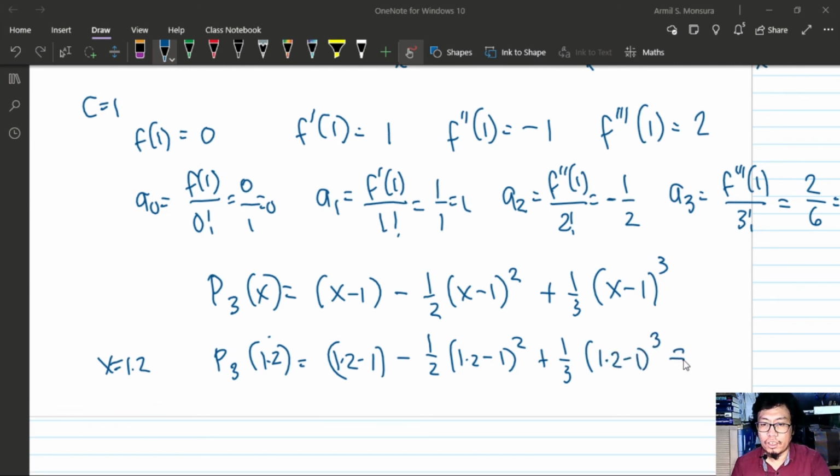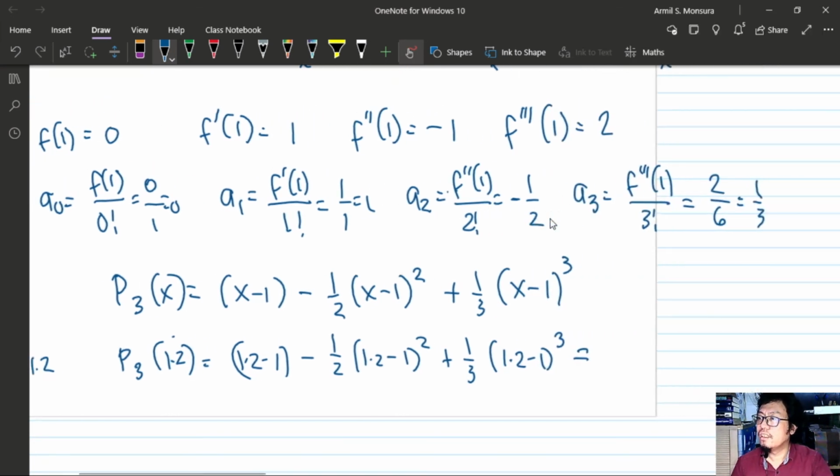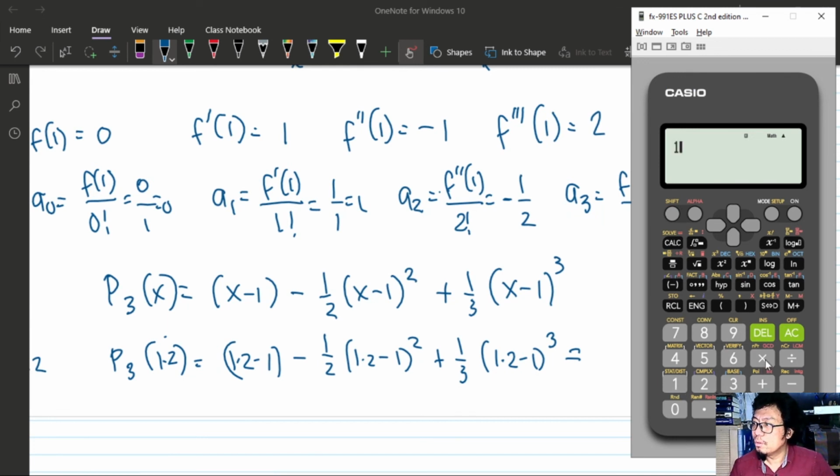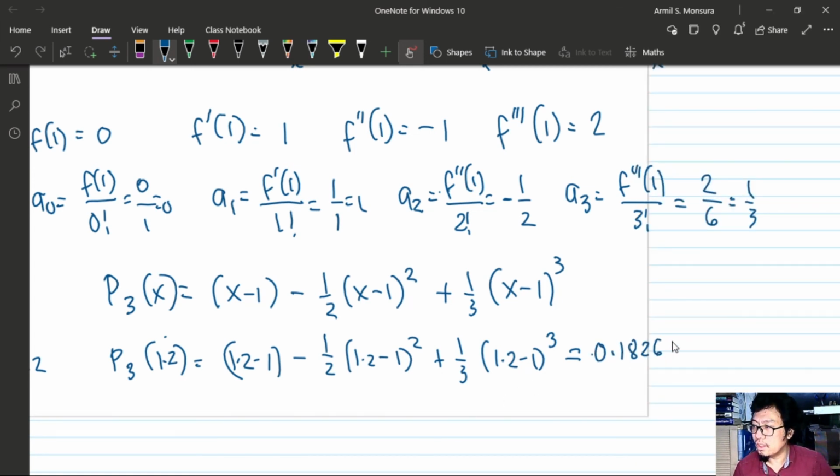This is equal to more or less 0.1826666, the 6 is repeated. So 0.18266666. Okay, so let's put it that way.